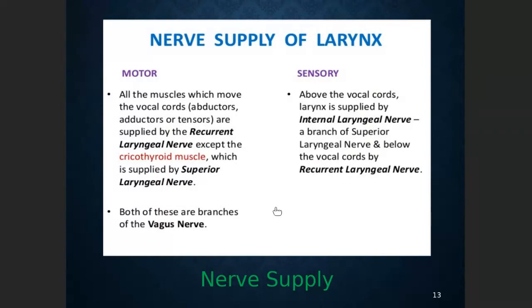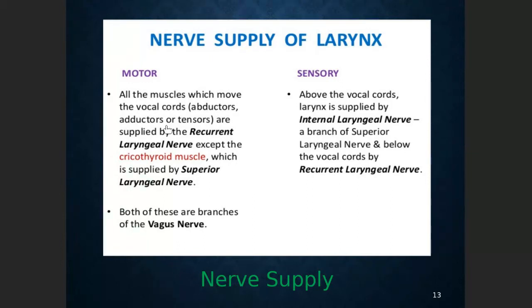So the nerve supply of the larynx is by motor and sensory. The motor, actually all the muscles are in general supplied by the recurrent laryngeal nerve, except the cricothyroid muscle, which is supplied by the external branch of the superior laryngeal nerve.